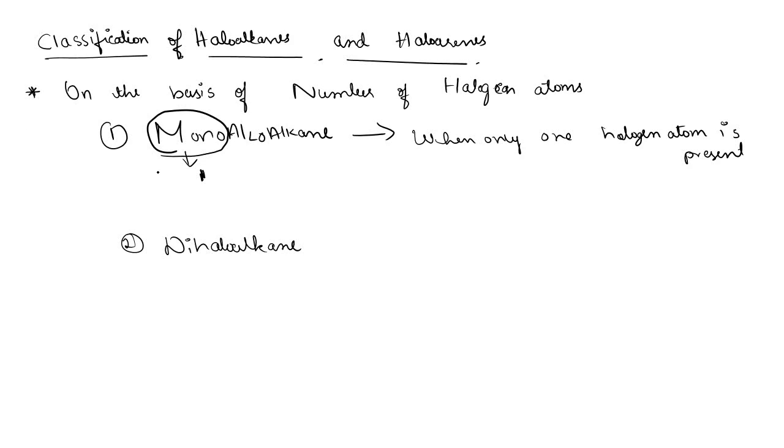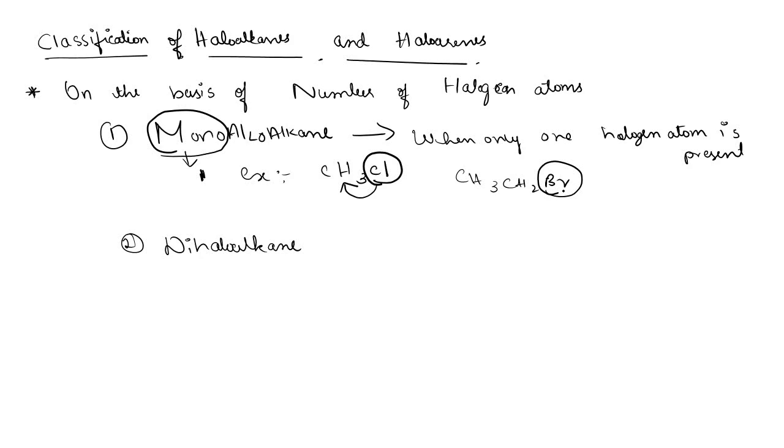Okay, so I can give you a few examples. CH3Cl means only one halogen atom is attached to this aliphatic compound. Next one is CH3CH2Br. See, only one halogen atom.